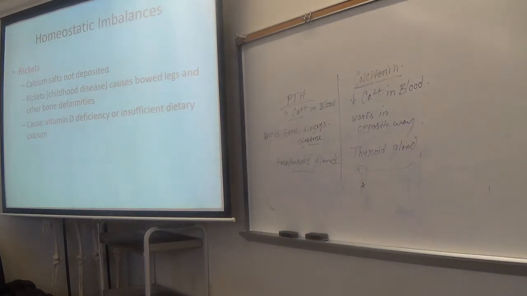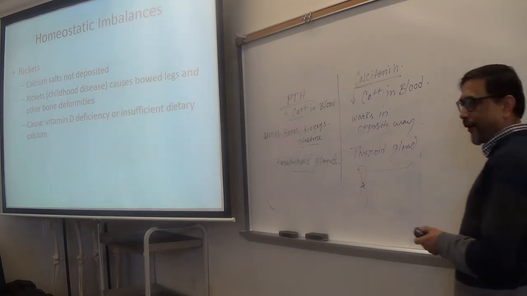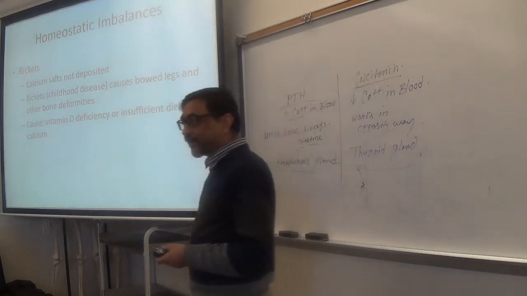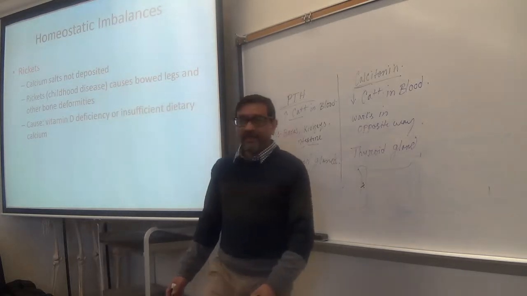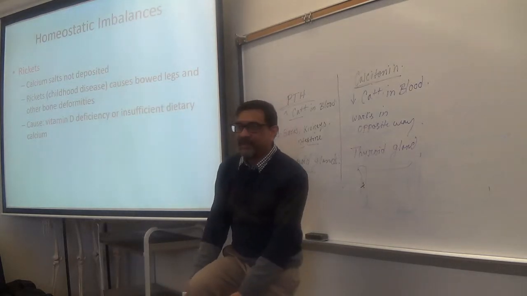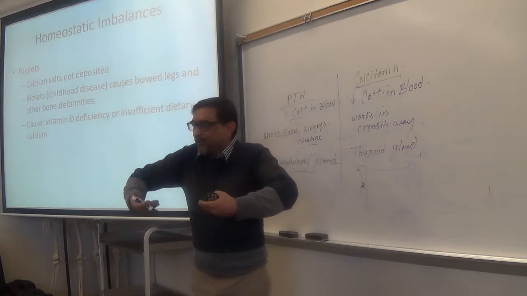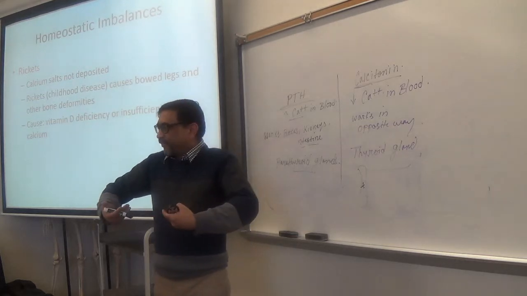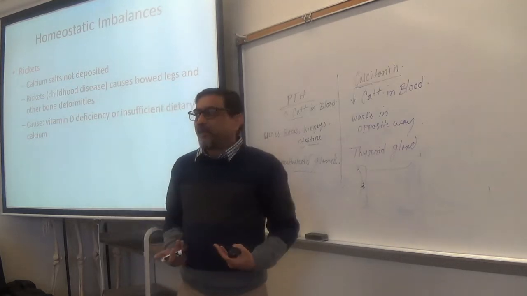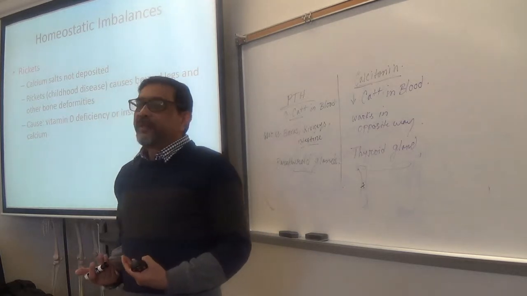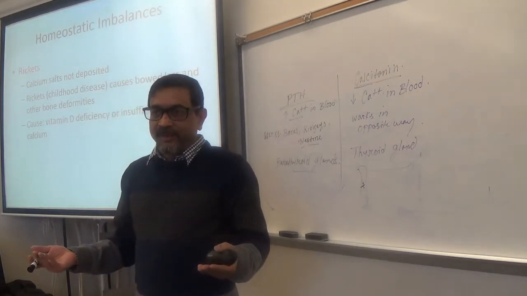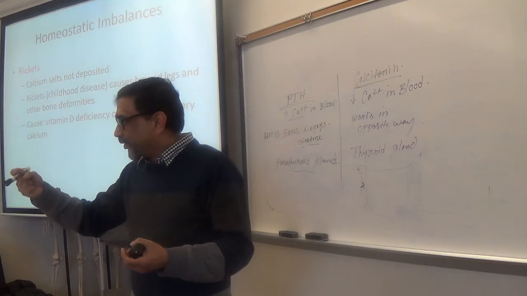Rickets is bowing of the leg bones. Here we don't see many rickets patients, but if you see in developing countries, you will see many rickets patients. The kids' leg bones get what? Bowed. Okay? Bent. Why that happens? Because we know that calcium is very important mineral, right? That forms the matrix, gives the hardness of the bone.